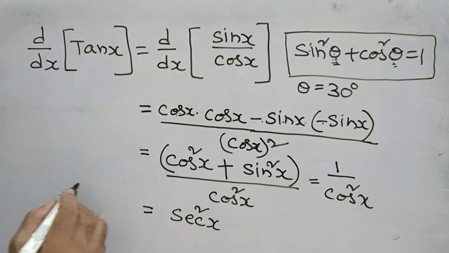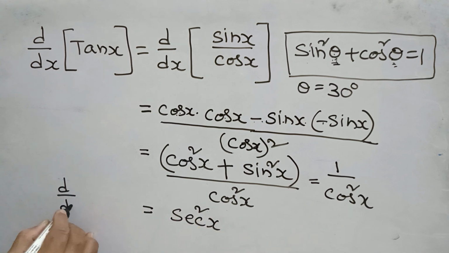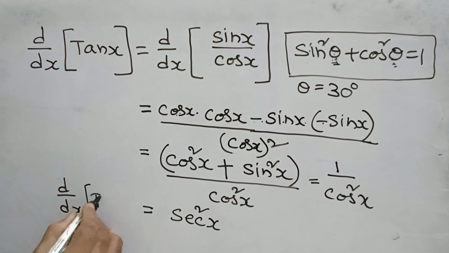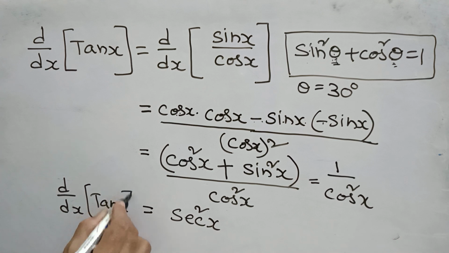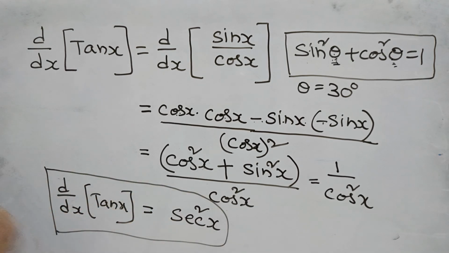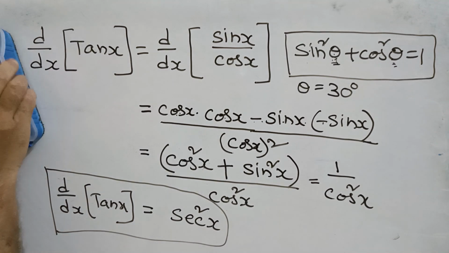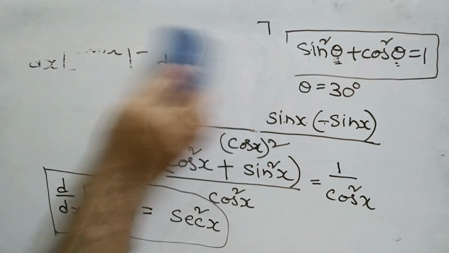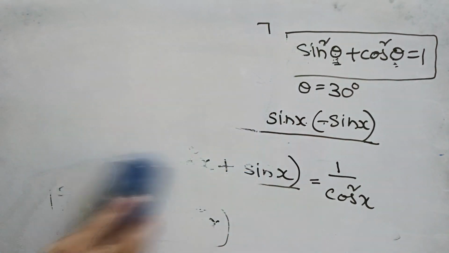That is the answer. Therefore d by dx of tan x is equal to secant square x. This is the formula. Clear? So friends, I am giving you a small example so that you find out the derivatives of the remaining ones.